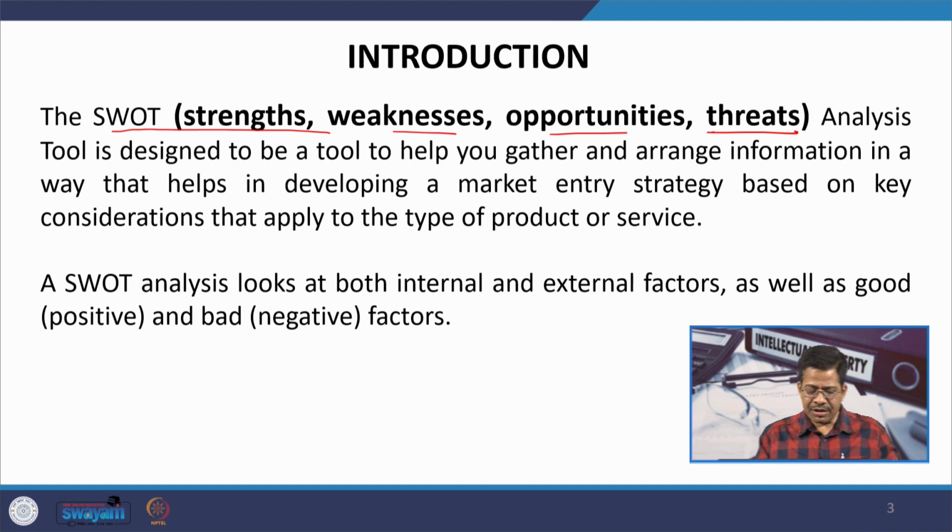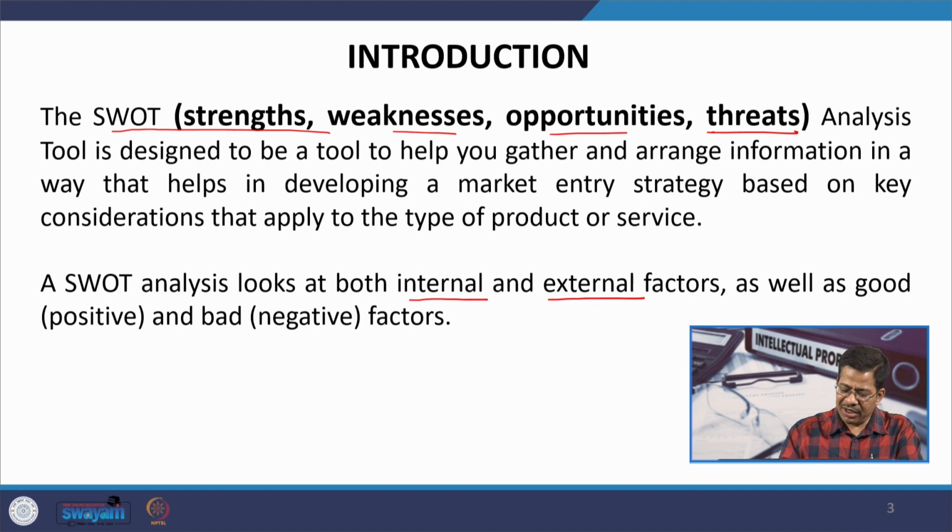Now, SWOT analysis takes care of both internal factors and external factors. In subsequent slides, we will see what the different types of internal factors are and what the different types of external factors are, and which internal factors affect strengths and weaknesses, and which external factors affect opportunities and threats.